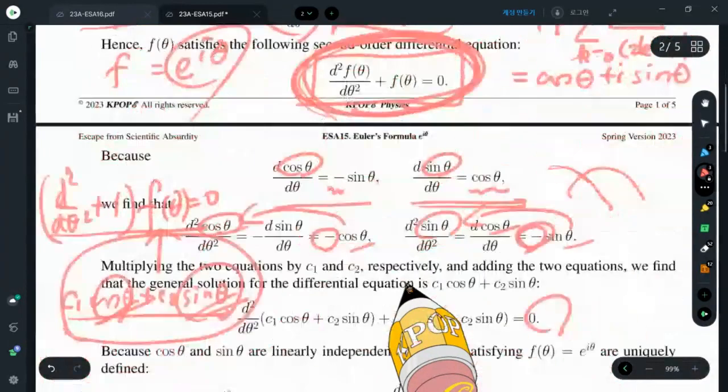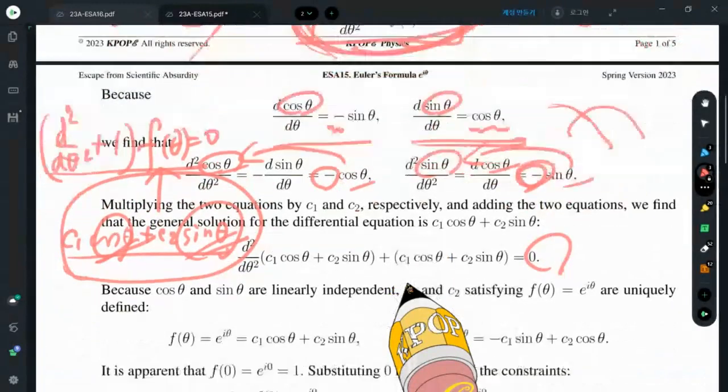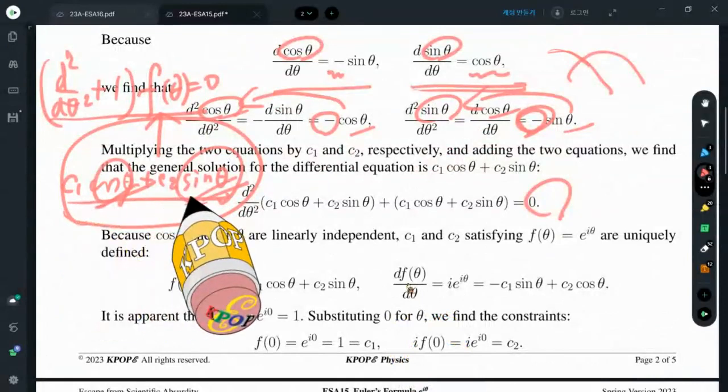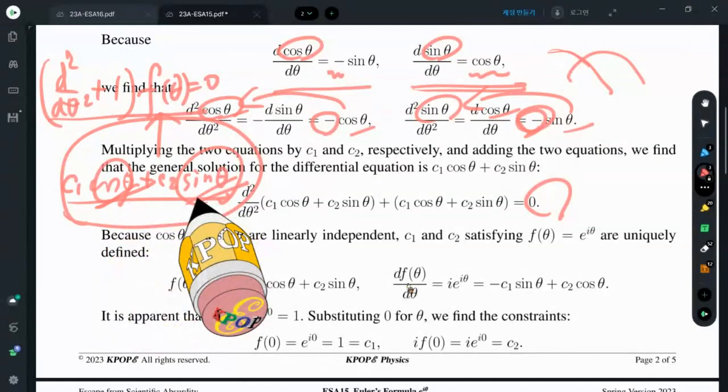In each integration, you have a free parameter that is called the integration constant. The two integration constants are related to these free parameters. Therefore, there is no way but to have your solution as a linear combination of these two linearly independent functions. That is a general way of solving the second order linear differential equation.